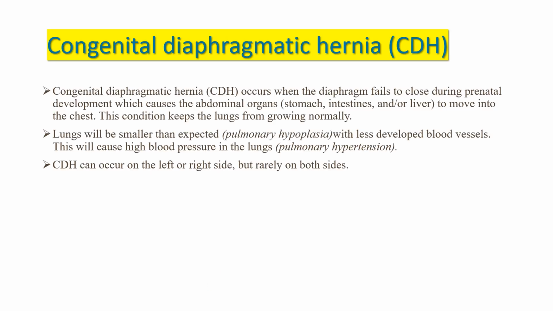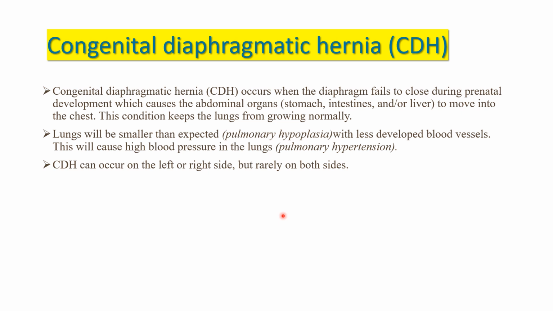Our next subject is congenital diaphragmatic hernia. And basically what happens is that in congenital diaphragmatic hernia, there is a developmental defect in the diaphragm that involves the protrusion of abdominal organs into the thorax.